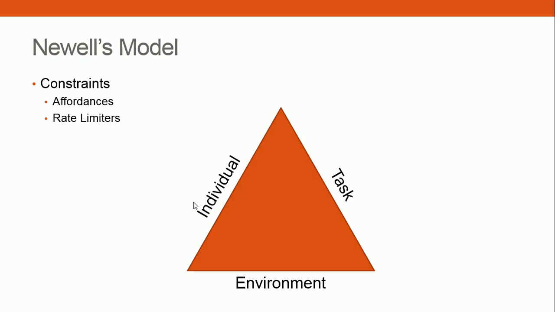So when I look at this in a little bit more detail, we can expand on this to include Newell's model. Newell's model suggests that the behavior that emerges in any given situation is a result of the interaction of the characteristics of the individual, the characteristics of the desired task, and the characteristics of the environment. If I look at these three areas, I can have affordances and rate limiters due to the individual, the task, and the environment. I identified the concept of height that could be either an affordance or a rate limiter in different tasks.